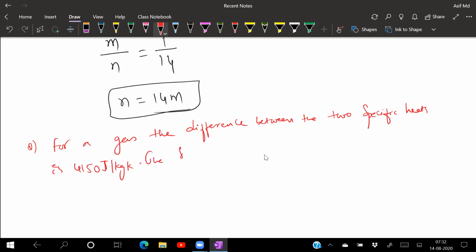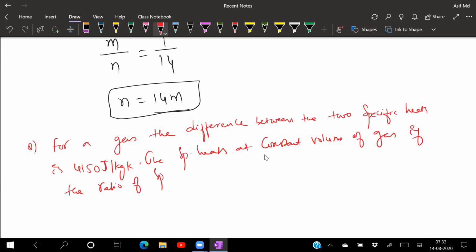The specific heat at constant volume of the gas, if the ratio of specific heats is 1.4, is dash.